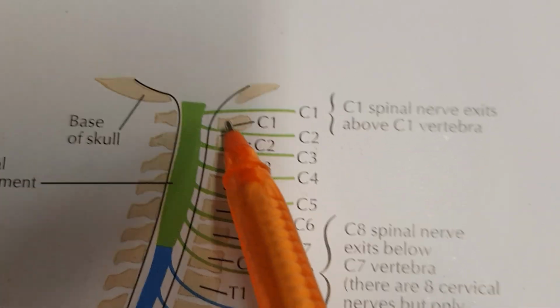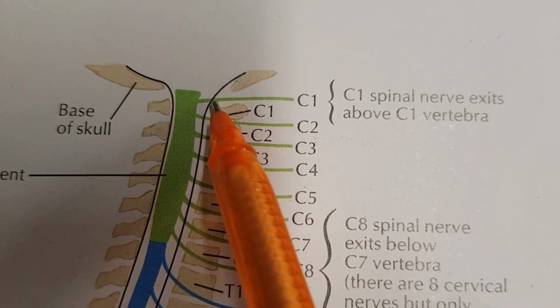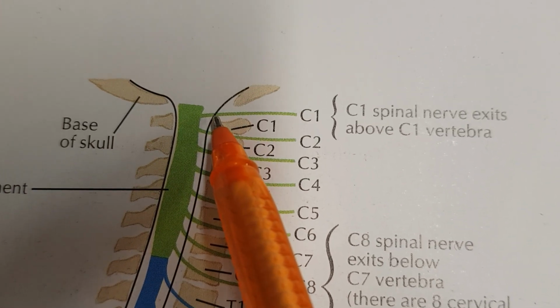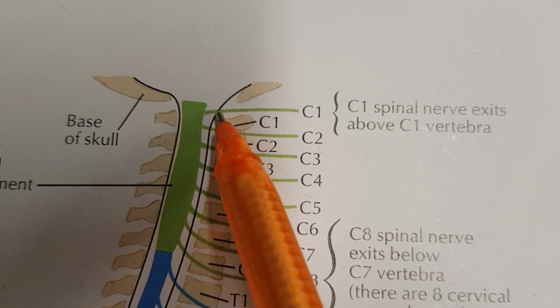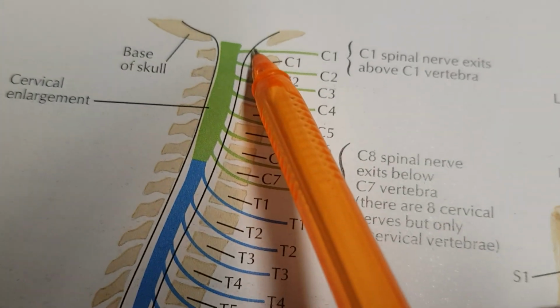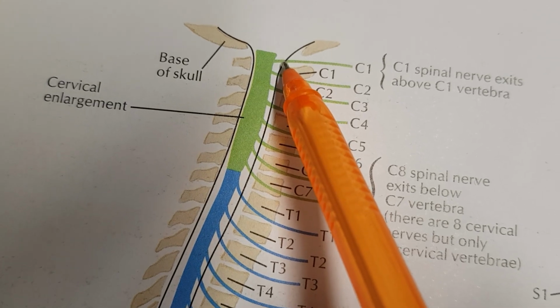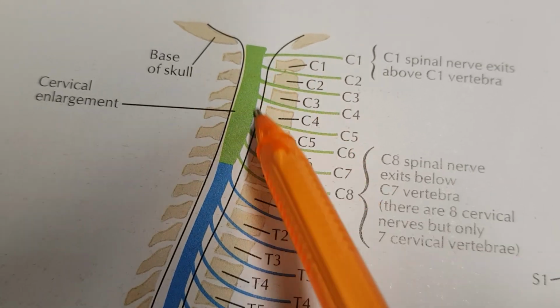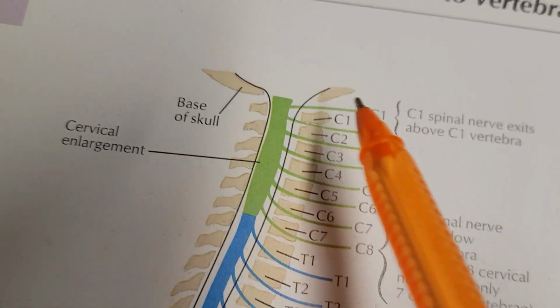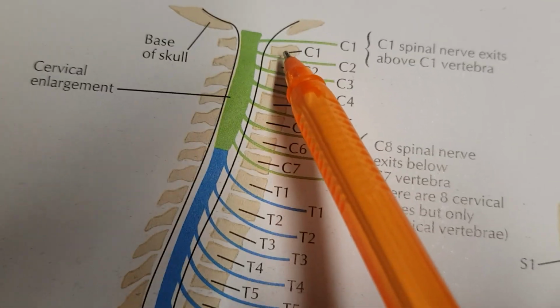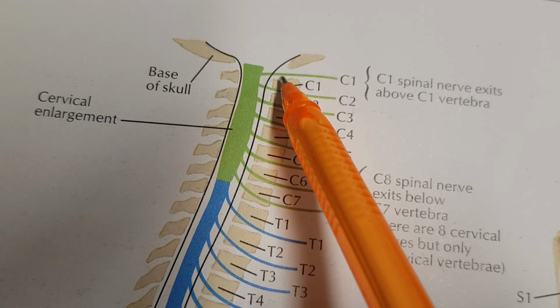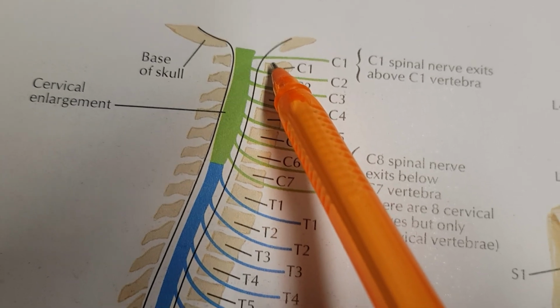If you want to test the integrity of C1 in terms of muscle strength, you need to test upper cervical flexion, not the whole cervical flexion, upper cervical flexion, like tucking the chin in, right?